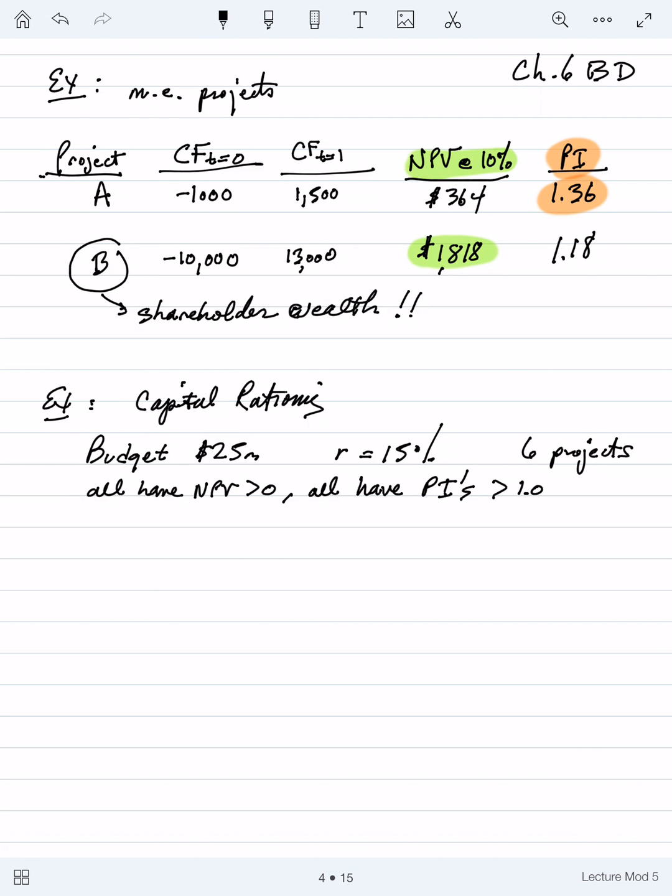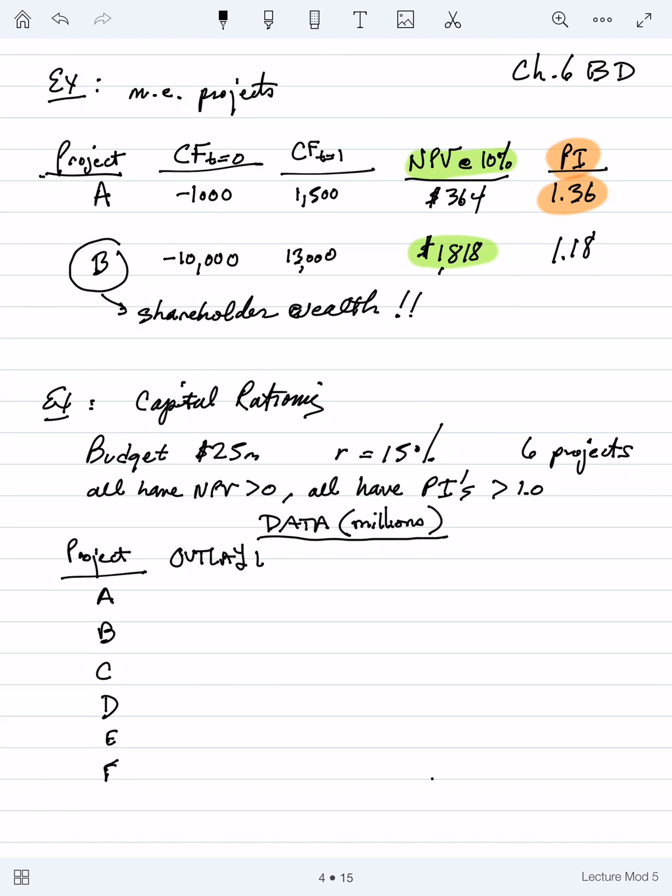Let's look at our data. Now, let's imagine that this is all in millions. So the data is projects A through F. Let's say we have an outlay cash flow.